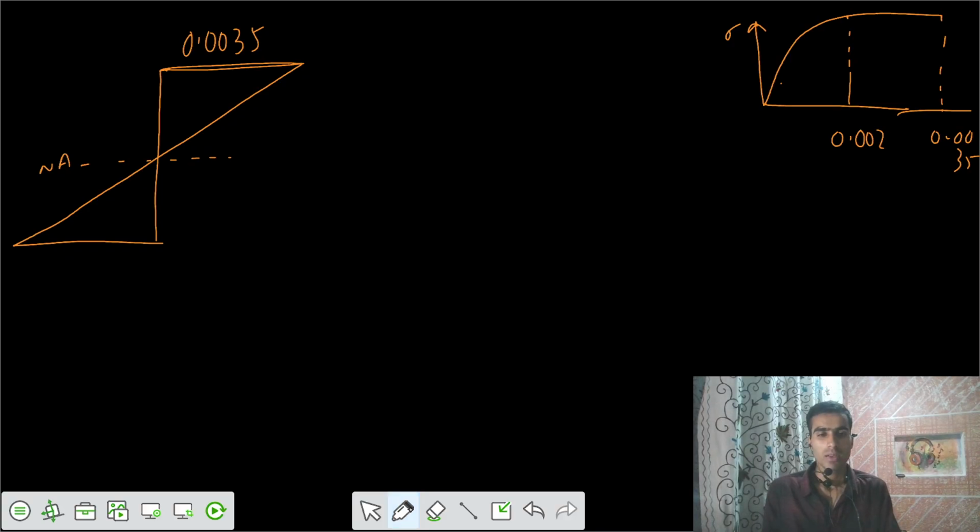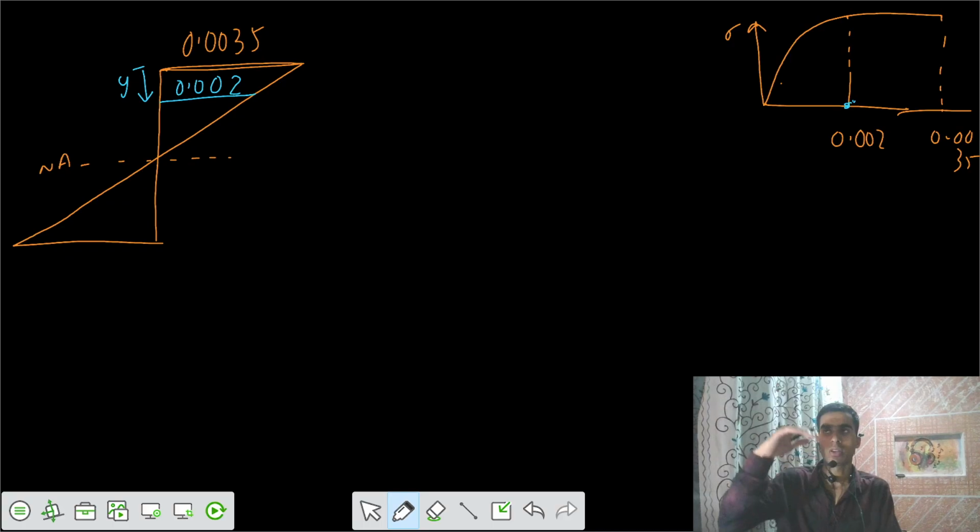Corresponding to some value of y, the strain is 0.002.